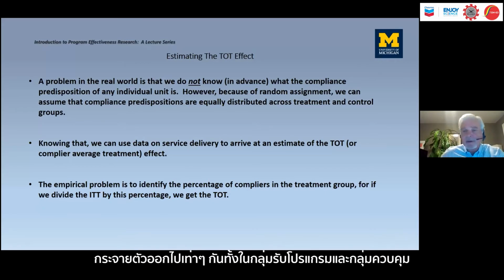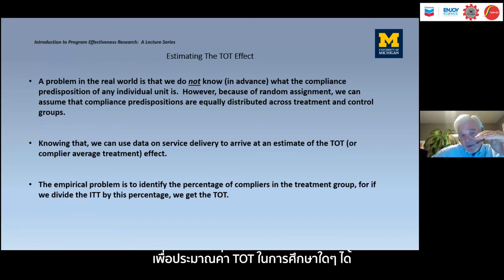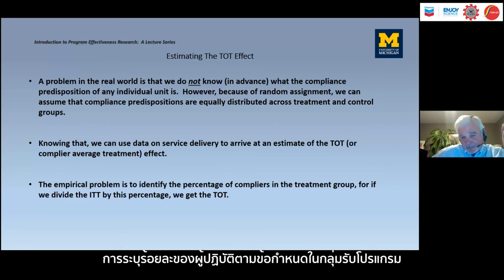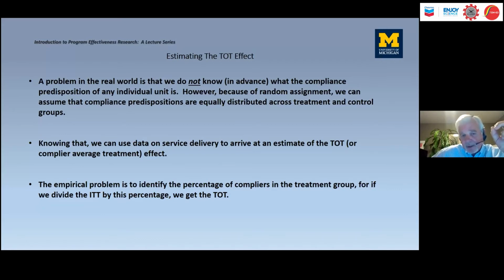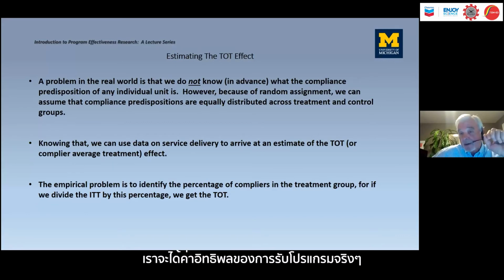Knowing that, we can use data on service delivery to estimate the TOT in a given study. So the empirical problem is to identify the percentage of compliers in the treatment group, because as we saw, if we divide the ITT by the percentage of compliers, we get the effect of treatment on treated.